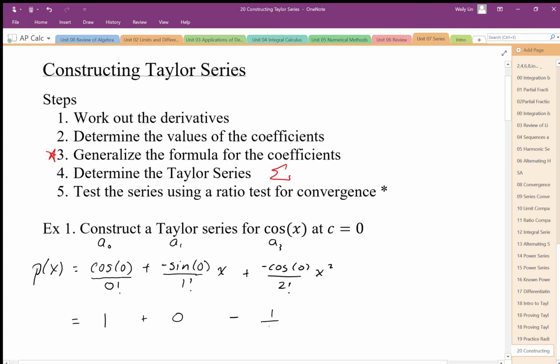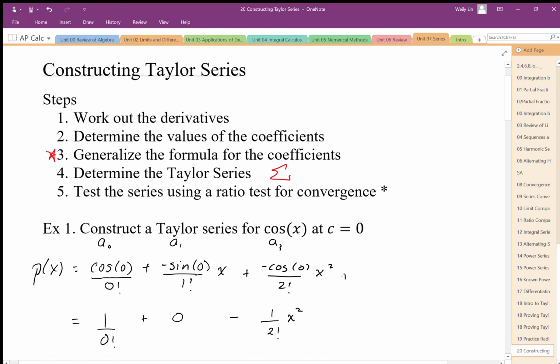I'm just going to leave that as 2 factorial, and I'm going to leave that as 0 factorial. The only reason I do that is because I can see that there's going to be a factorial pattern, so it's going to be a little bit easier to establish the general sequence or the general formula for that.